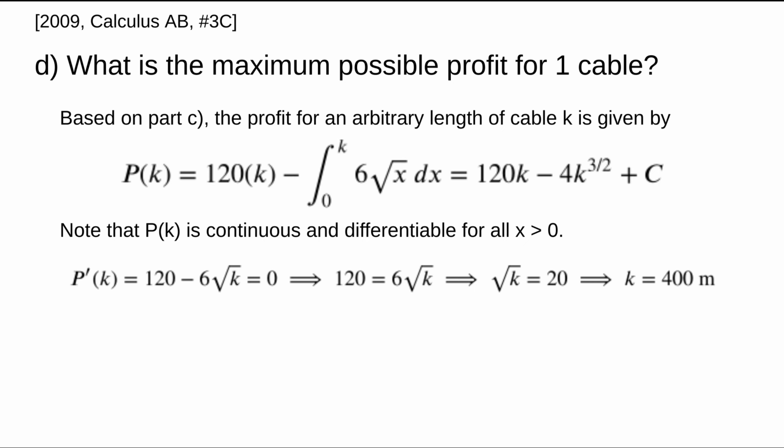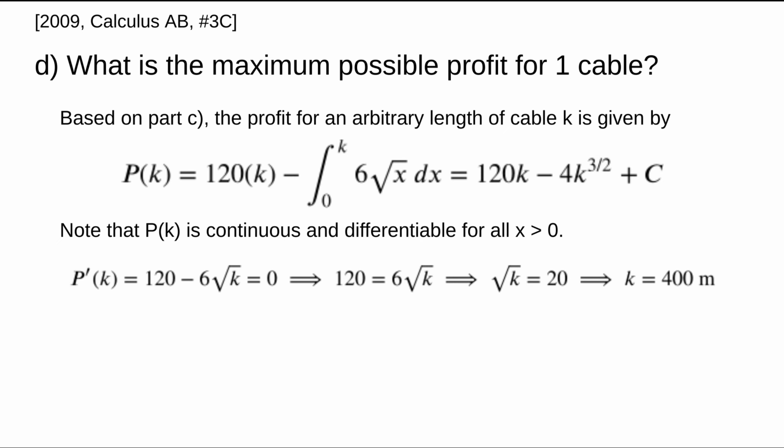Now, assuming there's no limit to the length of the cable that the company can make, obviously there is practically, but there's nothing in the question that indicates that this company is bound to make cables of a maximum length. So I would assume that this is an unbounded interval.